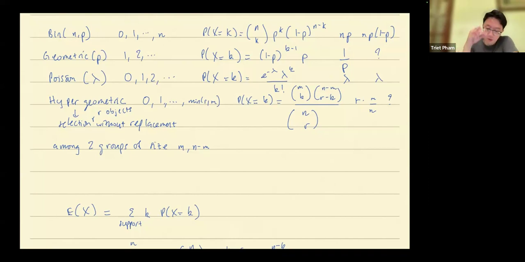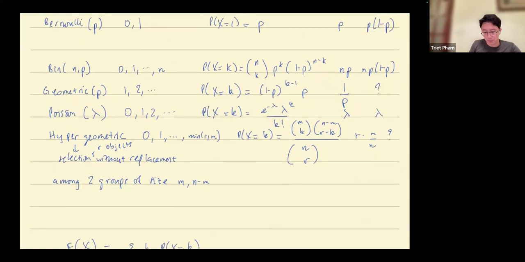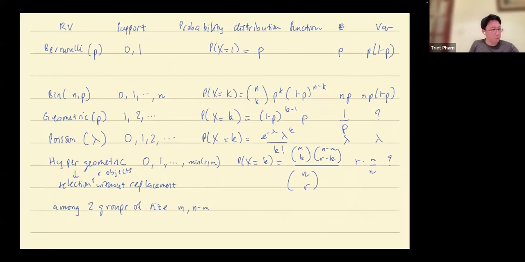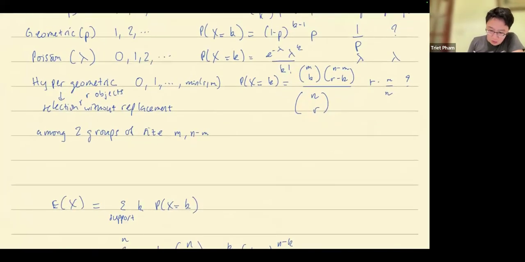What else? Is there any other random variable we should list for discrete random variables? Well, there's one thing that tends to show up, which is the negative binomial.